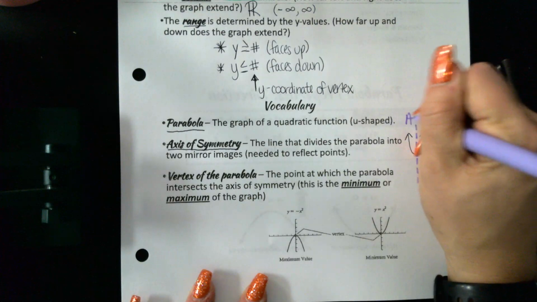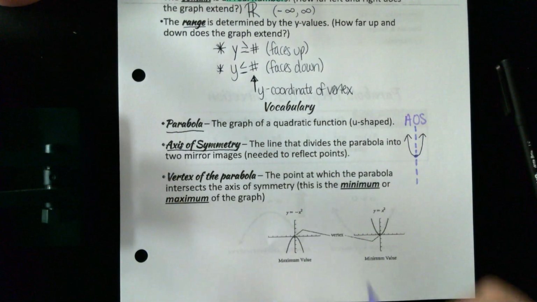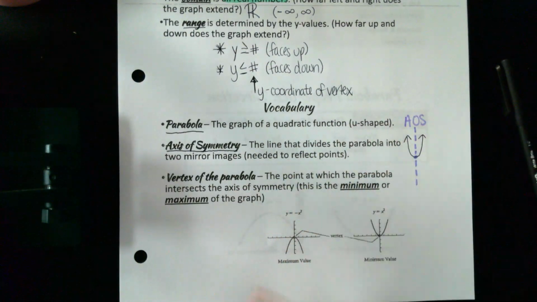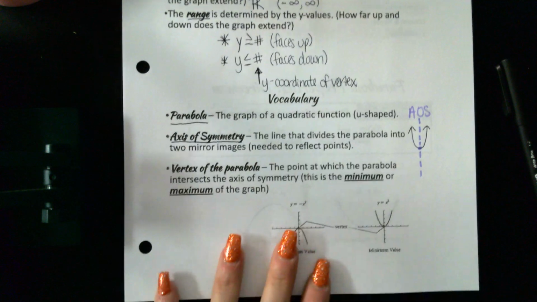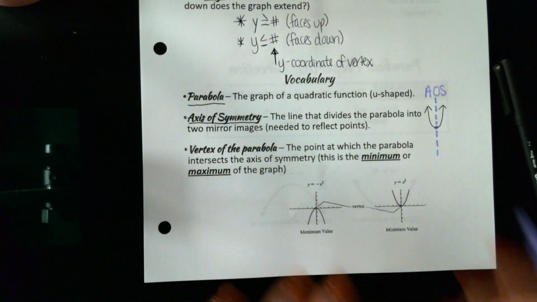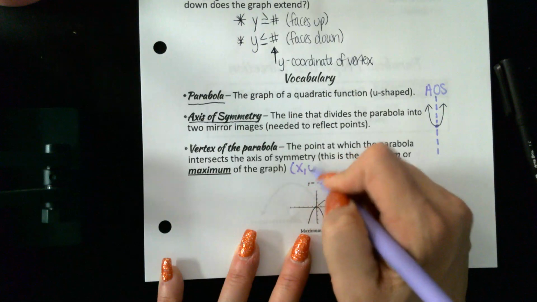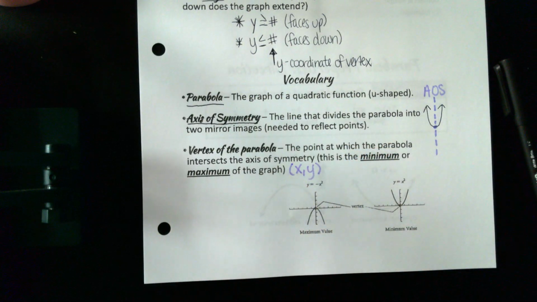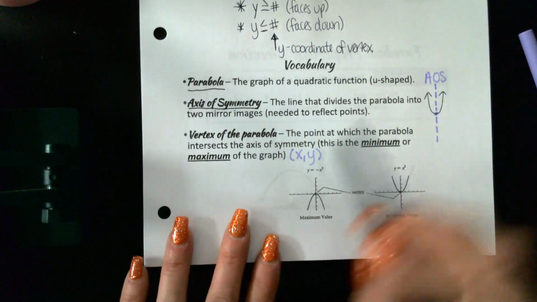So you'll see me put AOS, that's axis of symmetry. And then your vertex is always going to be written as an ordered pair. So you'll have an x comma y for your vertex. And it's either going to be the high point.